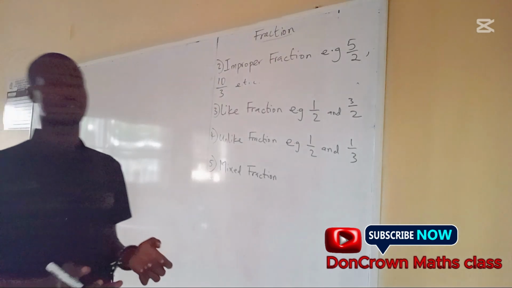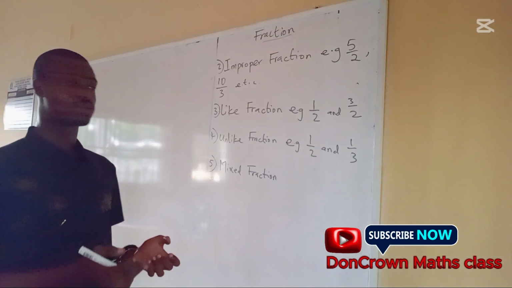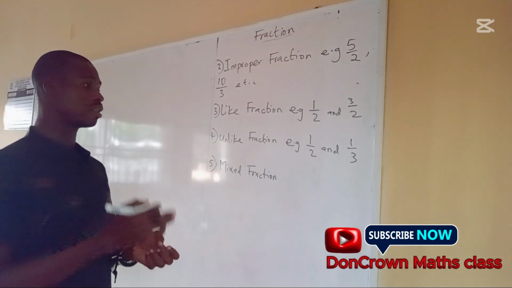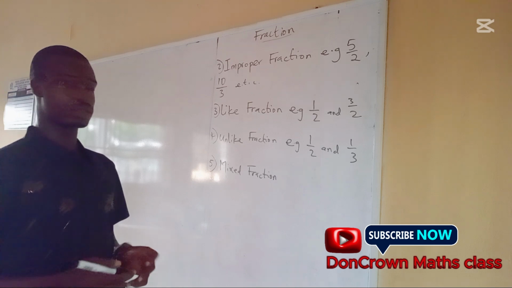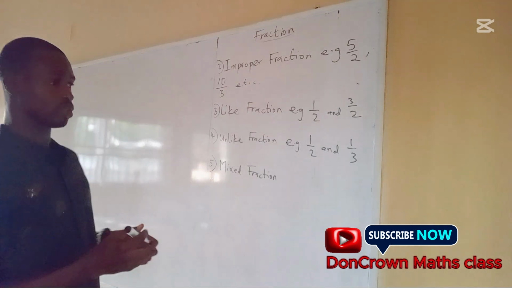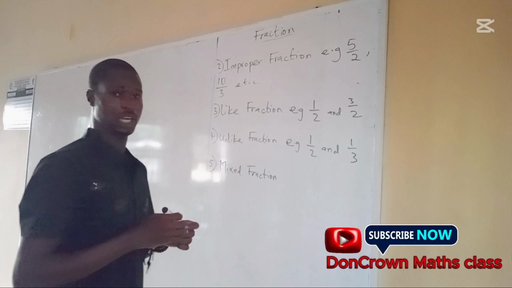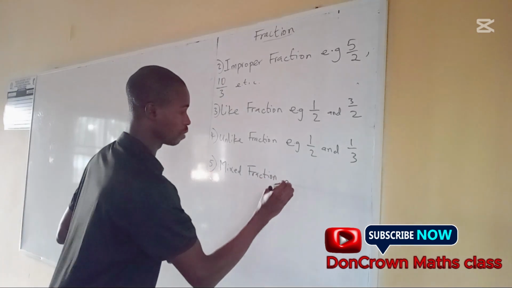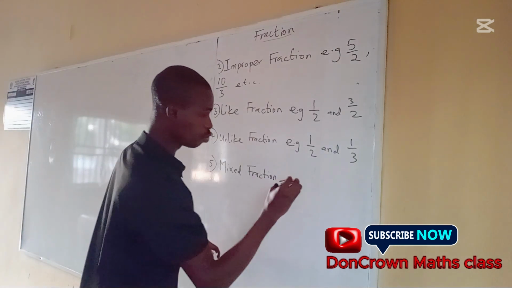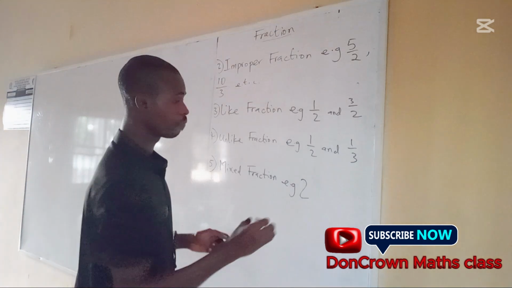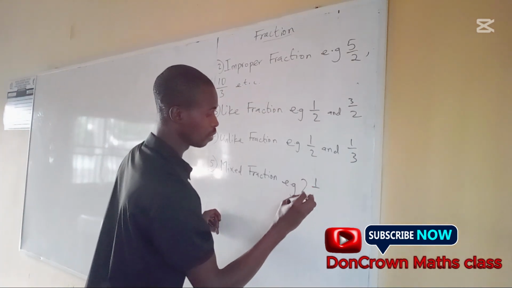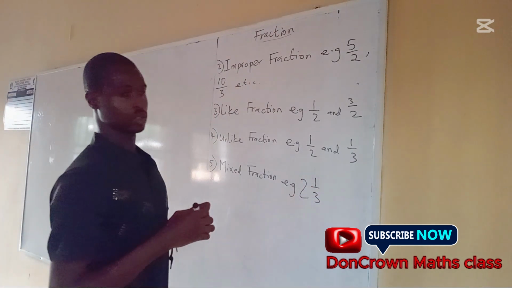Let me give you an example. For example, we have 2 as the whole number, then we have 1/3. You understand?